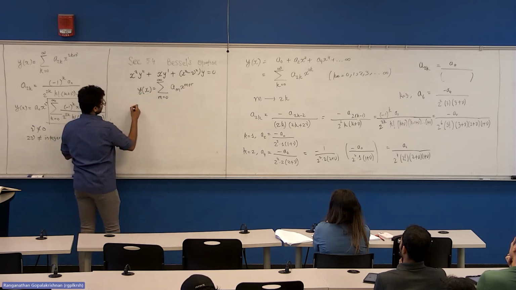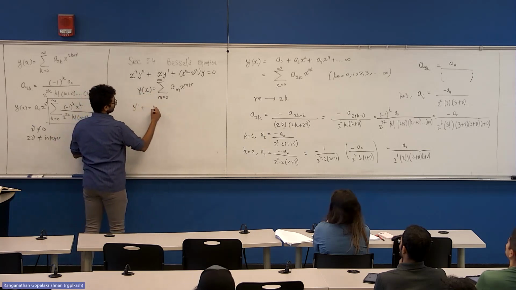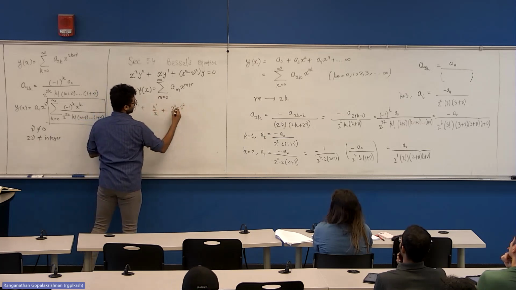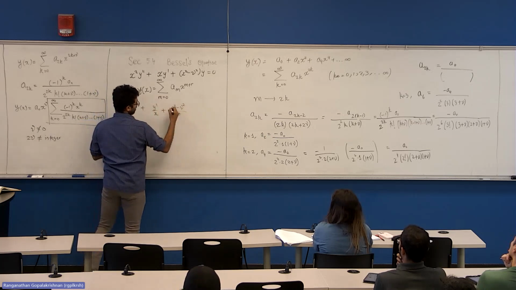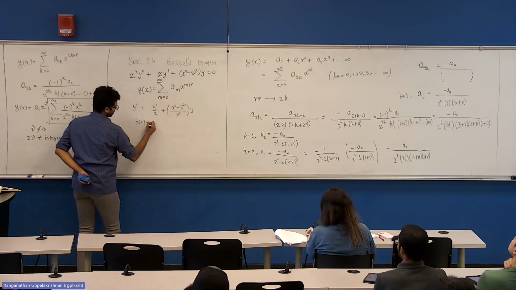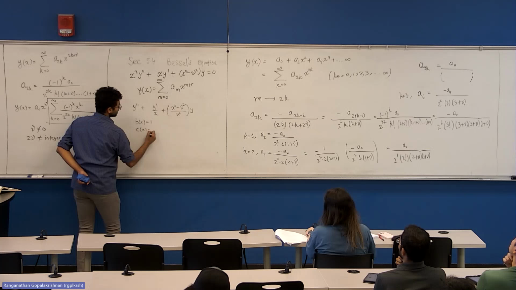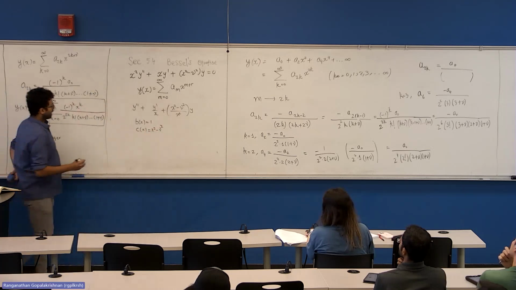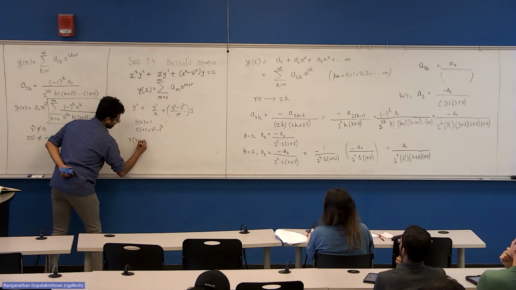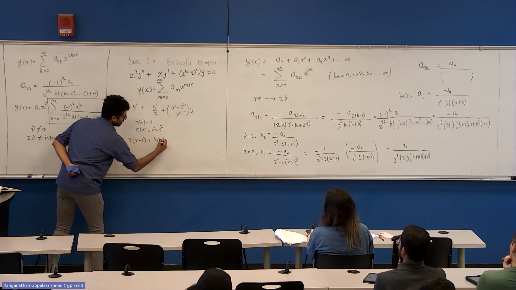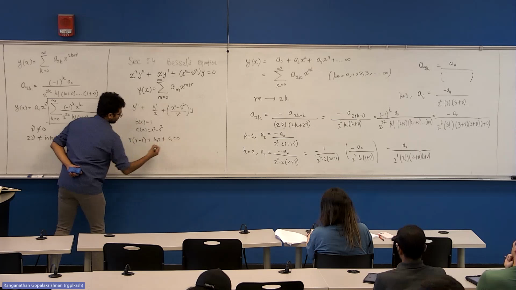If I write this in the form y double prime plus y prime over x plus x squared minus nu squared over x squared times y, my b of x is 1, my c of x is x squared minus nu squared. So my indicial equation is r times r minus 1 plus b naught r plus c naught equal to 0.